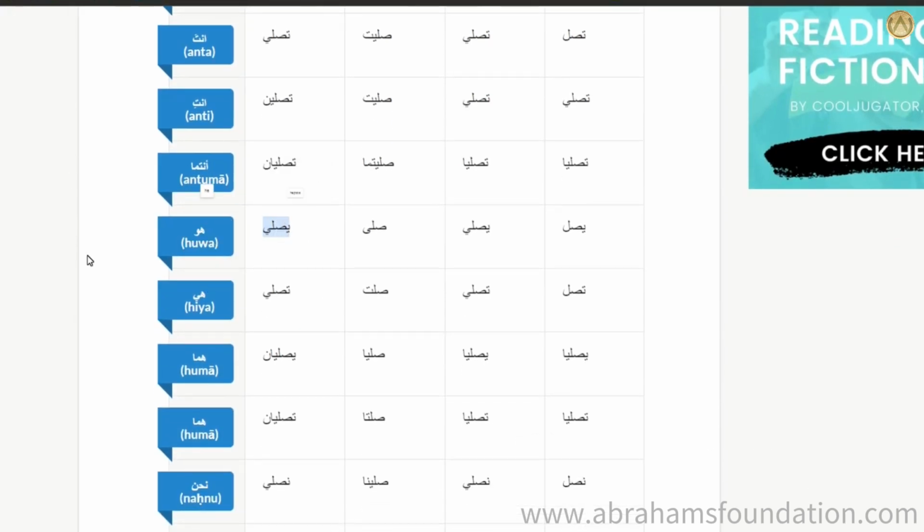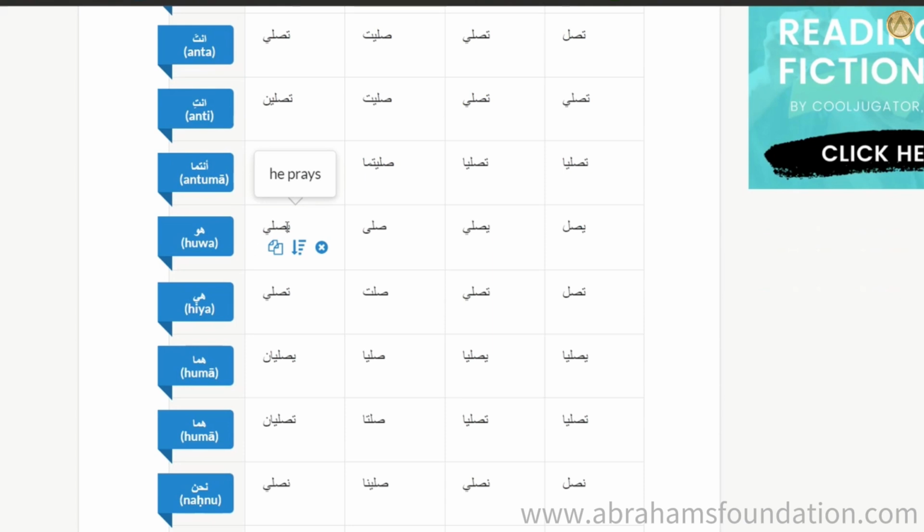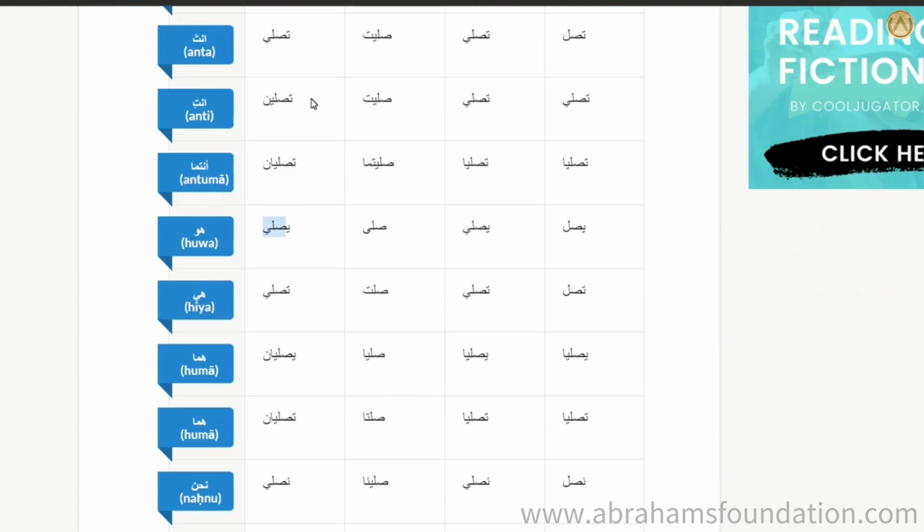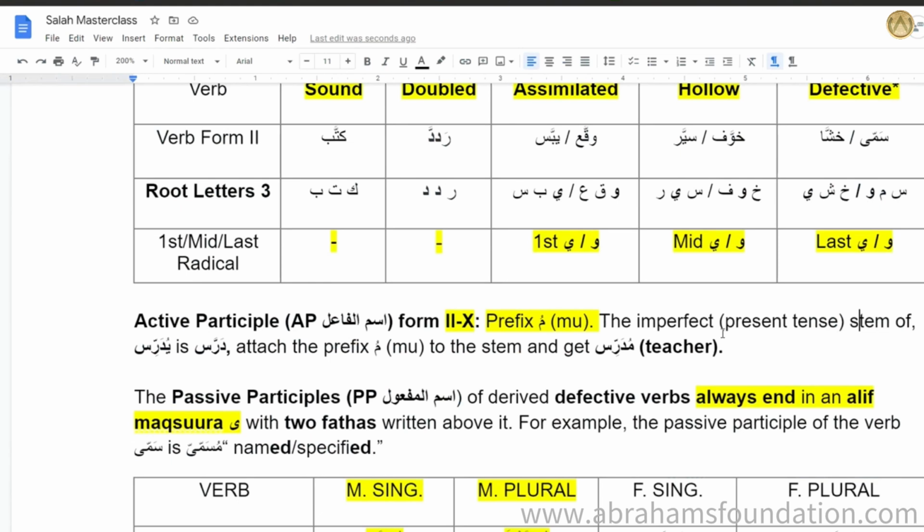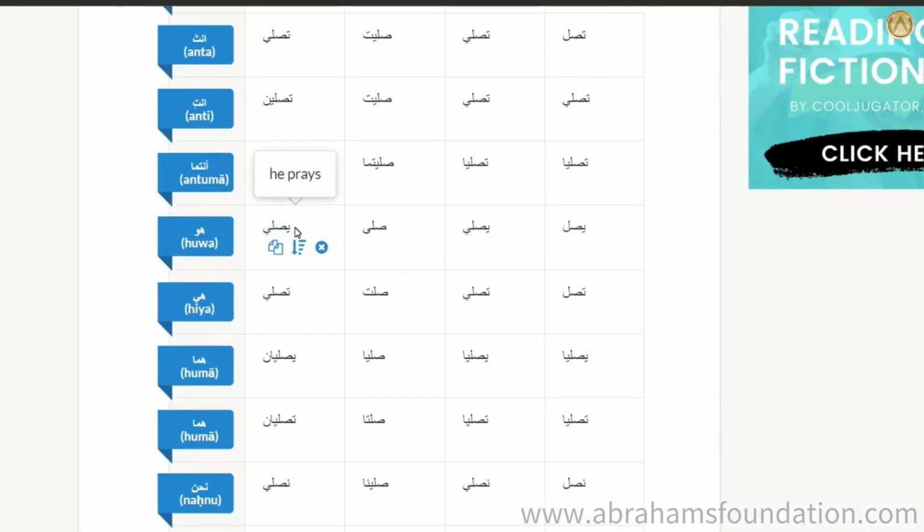This one right here, yusalli. You attach the mim in front of it. So you remove the ya, you take off the ya, salli. I use the darrasa here. So it becomes musalli. Let me write that down just to show you guys. I should have had this here.